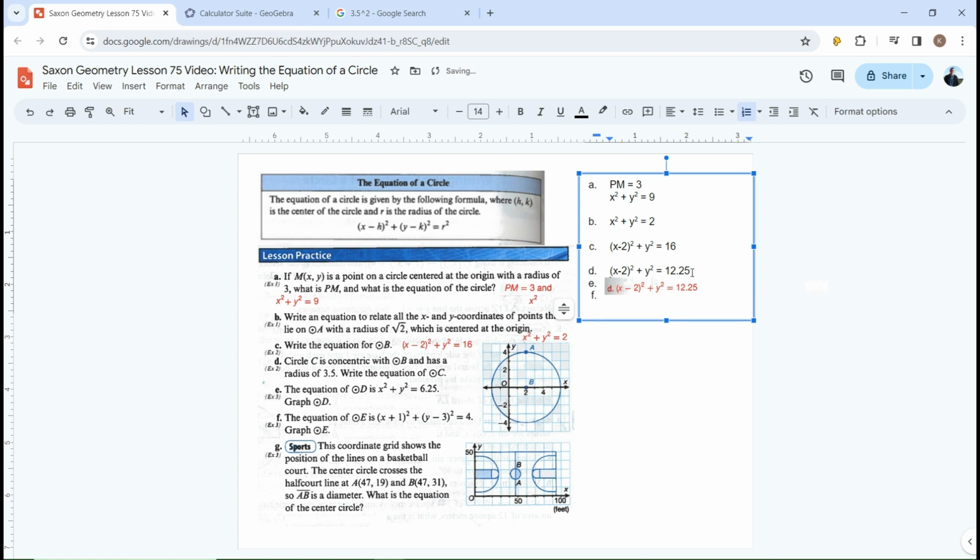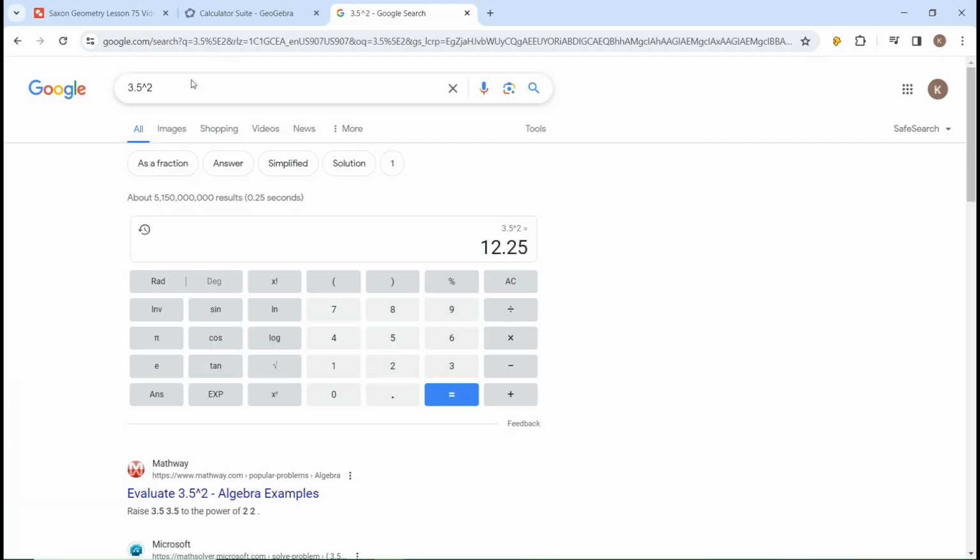For letter E, I'm not actually going to graph these. We're just going to talk about the graphs for E and F. The equation of circle D is x squared plus y squared equals 6.25. Actually, you know what? I can put this one on this graph here. What I need to know is what is the square root of 6.25, right?